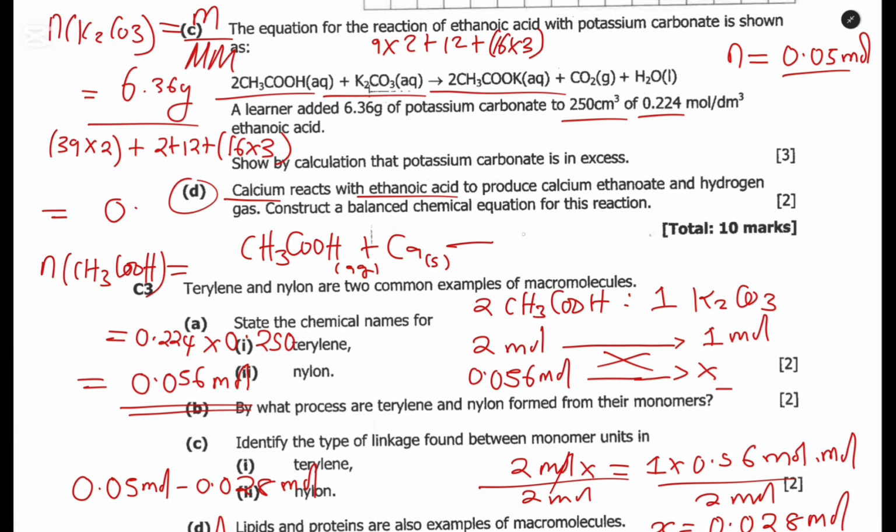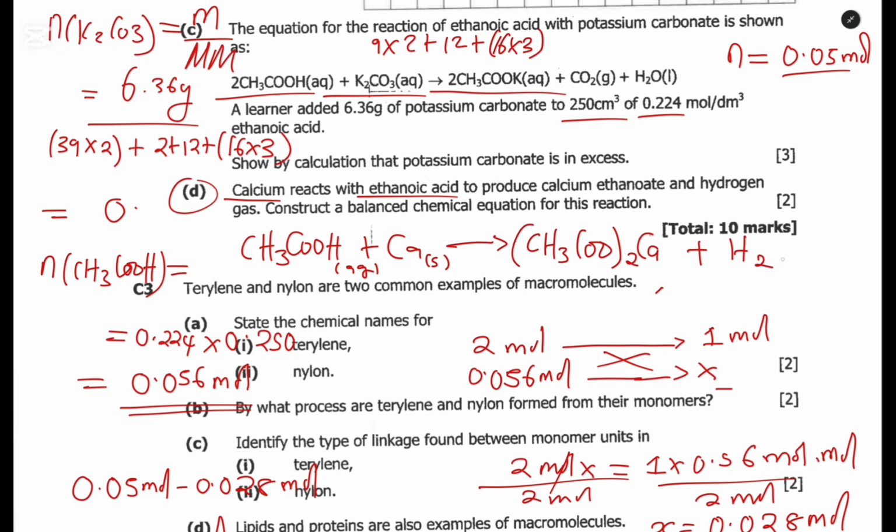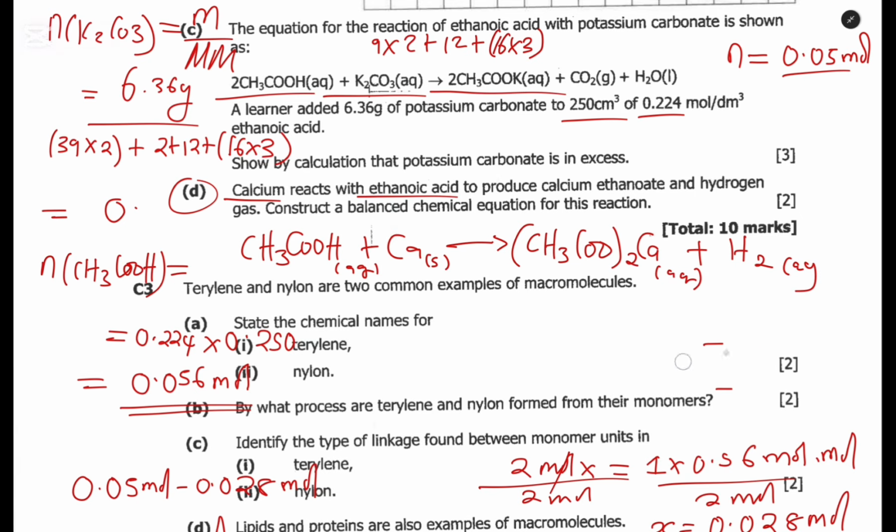What is going to form in this case is calcium ethanoate. So calcium has a valence of 2, and of course the ethanoate ion has a valence of 1. So it's going to be like this, then of course a 2 and the calcium outside, then plus hydrogen gas, which is a gas. The calcium ethanoate is aqueous. So this is how it is going to look.